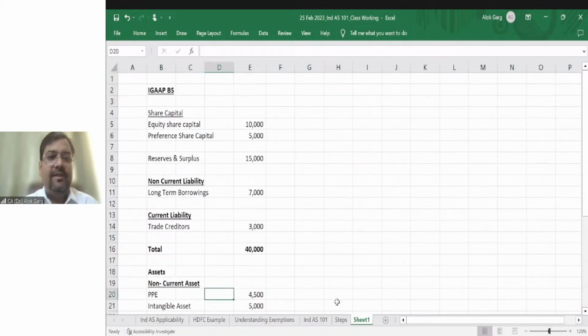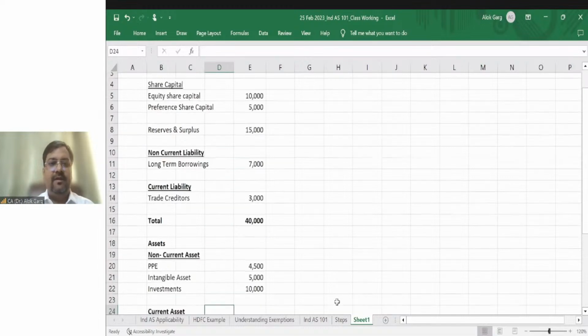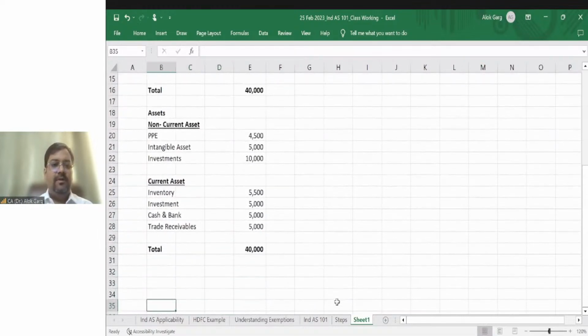This is the IGAAP balance sheet. Now some additional information is given.